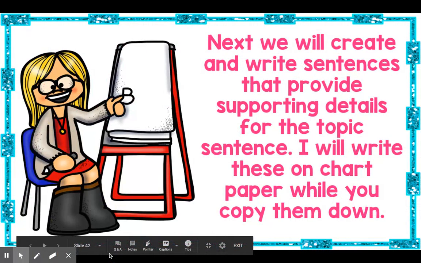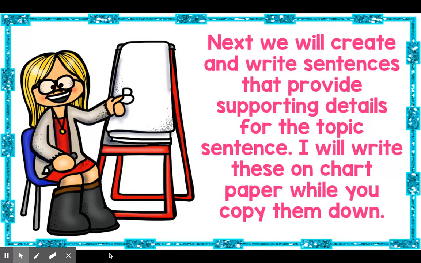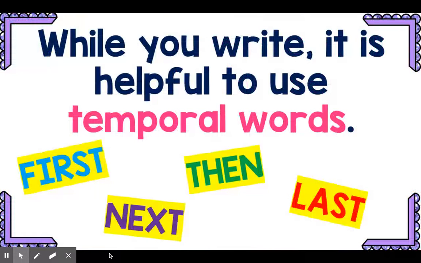Next, we will create and write sentences that provide supporting details for the topic sentence. I'm writing them on my loose leaf paper, and you're welcome to copy these down or just refer to them with me. So if you'd like to get a sheet of paper, you can copy this down or follow along with me. While you write, it is helpful to use temporal words.